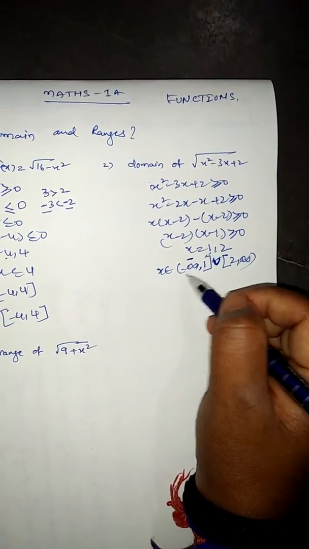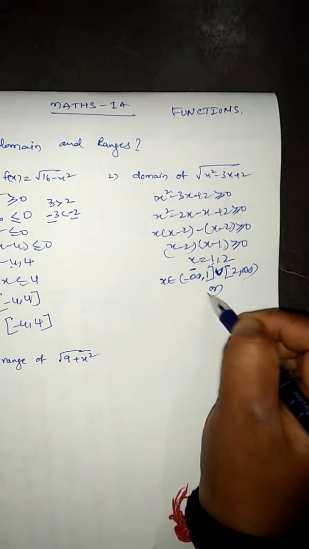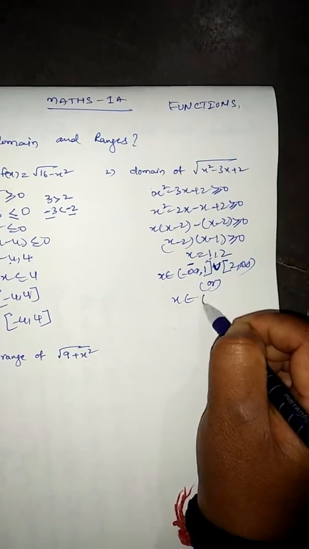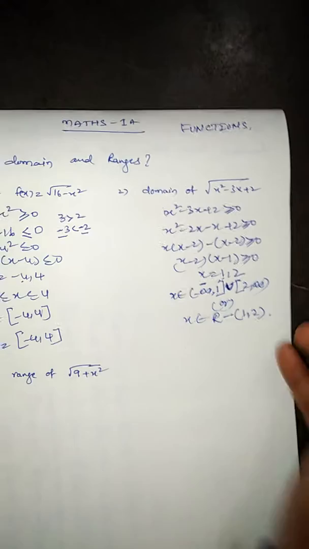It starts from minus infinity, stops at 1, and starts again from 2 to infinity. Or we may write another format: x belongs to R minus the open interval 1 comma 2.